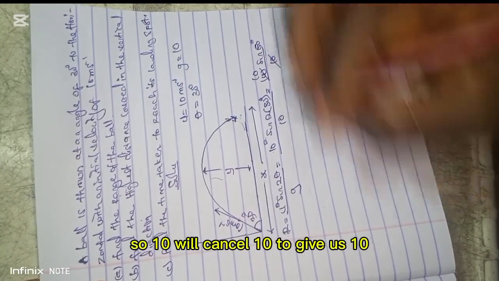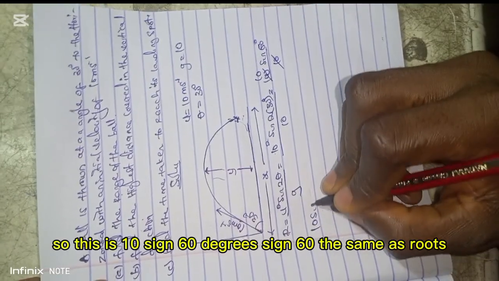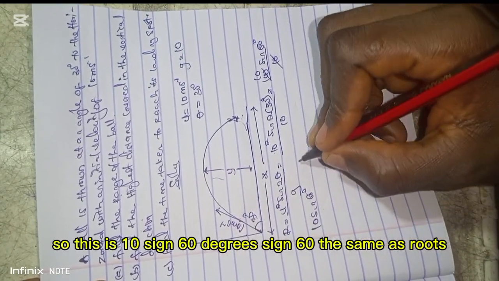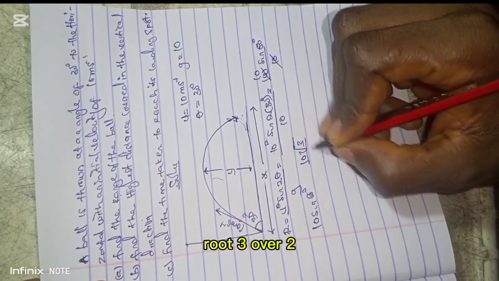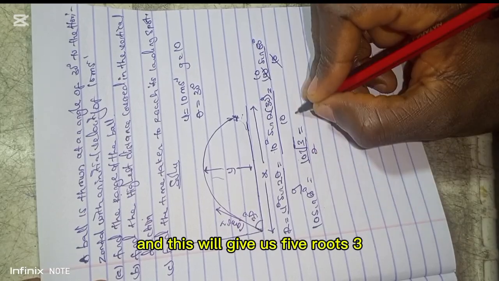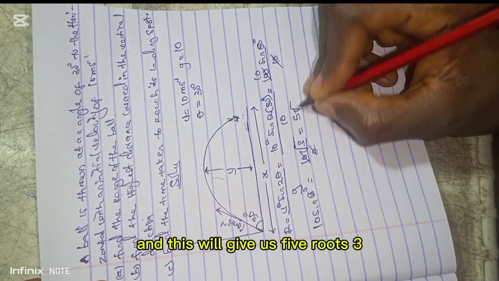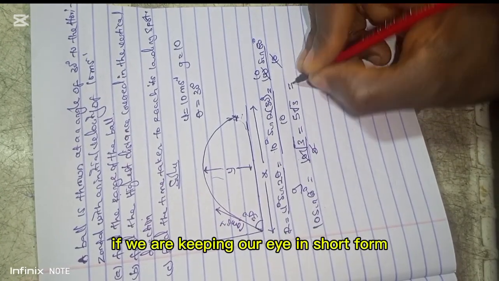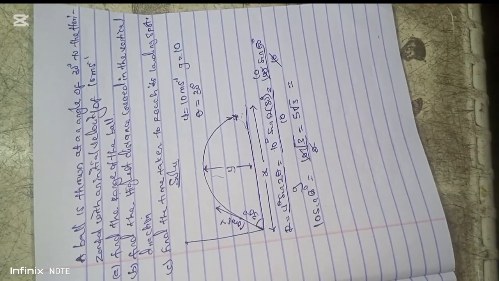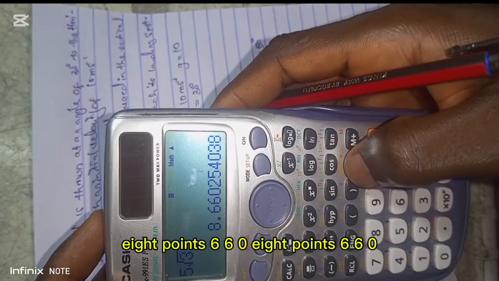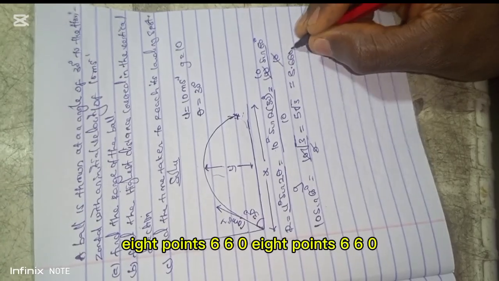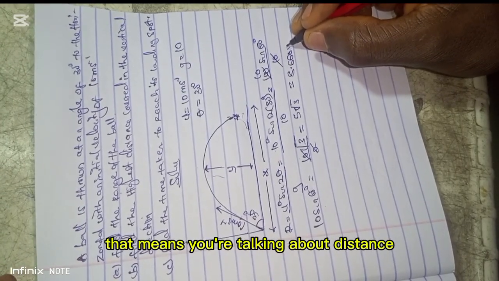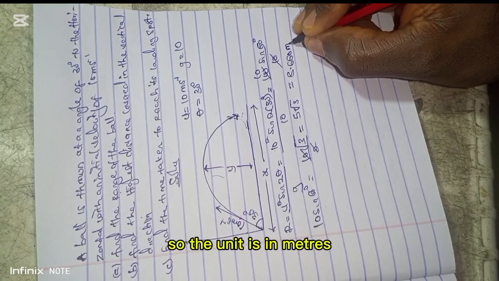So 10 will cancel 10 to give us 10 sine 60 degrees. Sine 60 is the same as root 3 over 2, and this will give us 5 root 3 if we are keeping our answer in short form. This is still the same as 8.660. Since it is range, that means we're talking about distance, so the unit is meters.